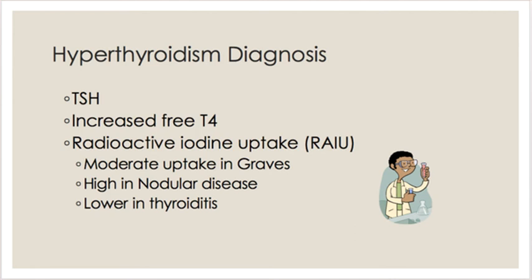You see moderate uptake in Graves' disease, high uptake in nodular disease, and a lower uptake in thyroiditis. With your TSH levels, you're going to see them decreased. And then you are going to see increased T4 and T3.